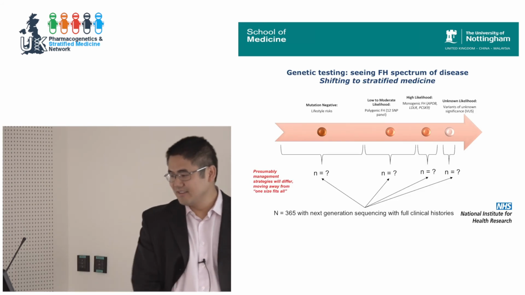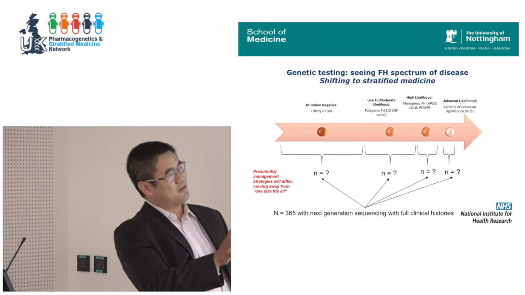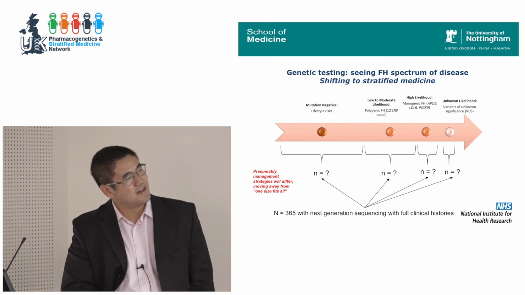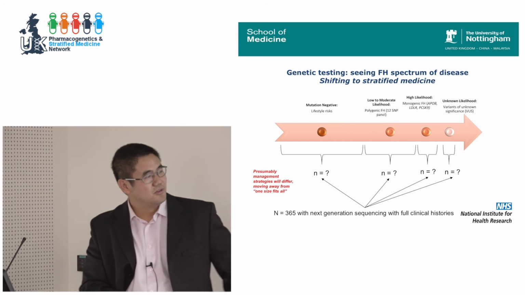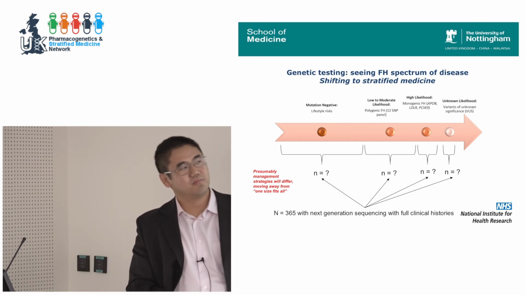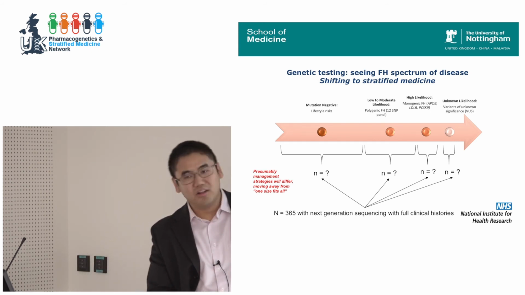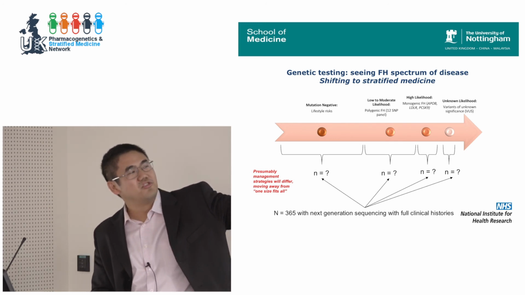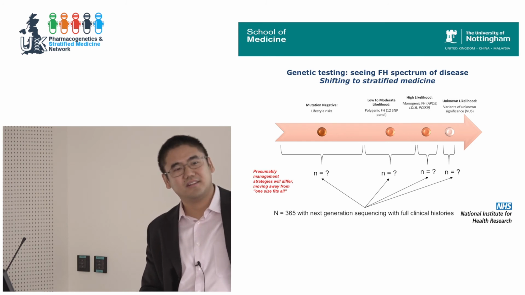And I'll just end on this slide. This is the kind of information that we're actually going to obtain from our study in about 12, 18 months' time. So we'll have mutation negative, which make up the majority. Then we have some polygenic stratifications. And then we have our monogenic diagnosis, and then variants of unknown significance.